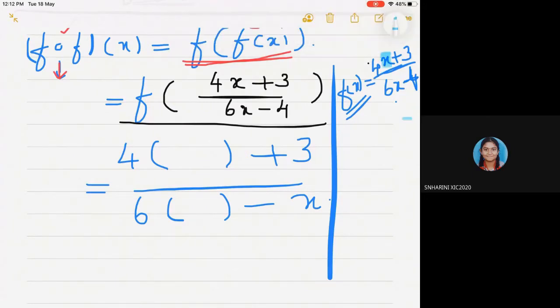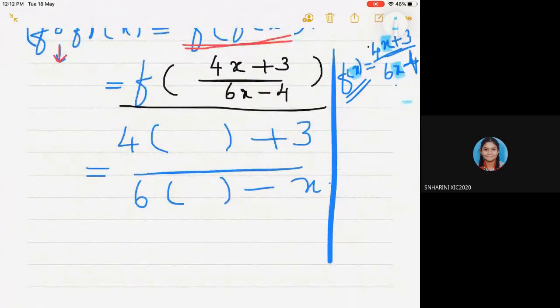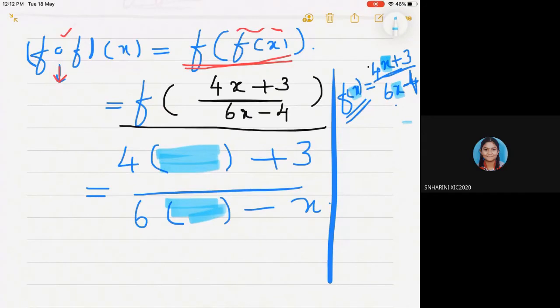In this space I am writing whatever is inside. So here also, what I have done is this highlighted portion I have just kept like that. This highlighted portion is kept for the expression inside f of x.